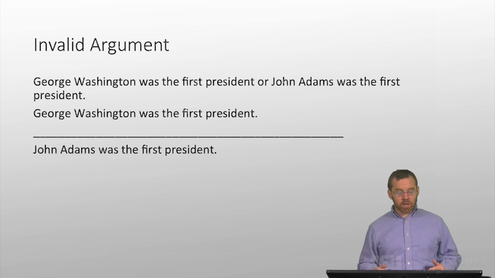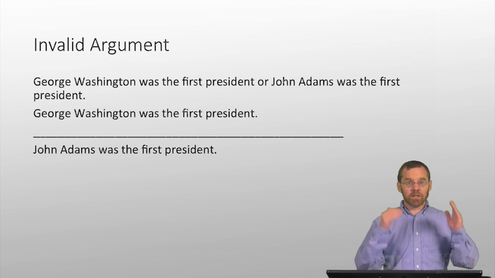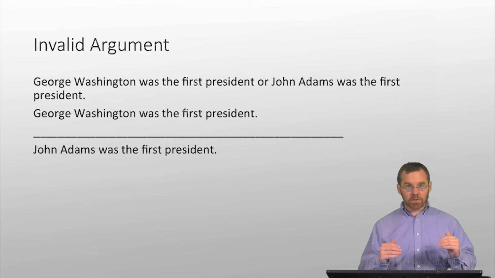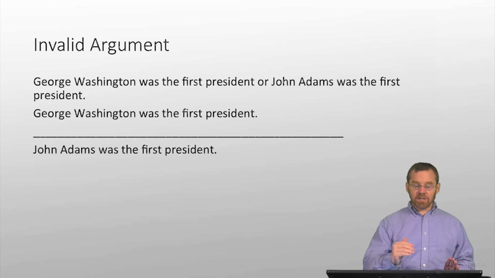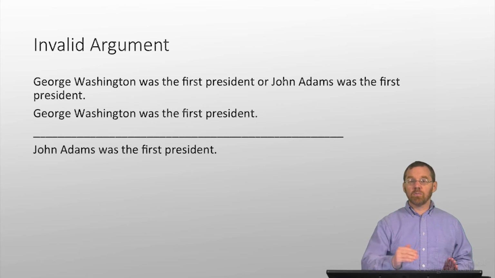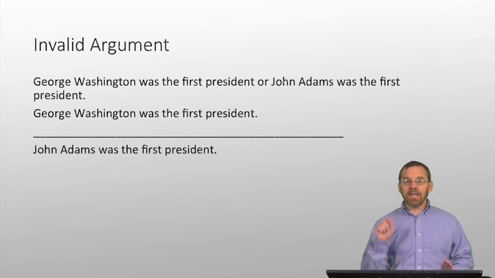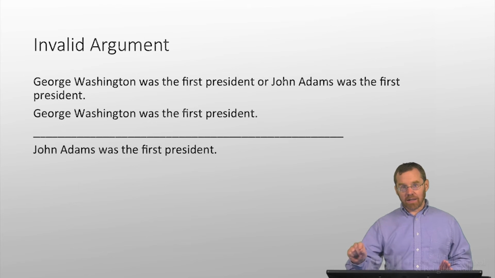Is it true that George Washington was the first president? Yes. Is it true that John Adams was the first president? No, that's false. So right there, we know it's an invalid argument. Its premises are true and its conclusion is false. And just as with syllogisms, because this one has true premises and a false conclusion, any argument with that form is going to be invalid.